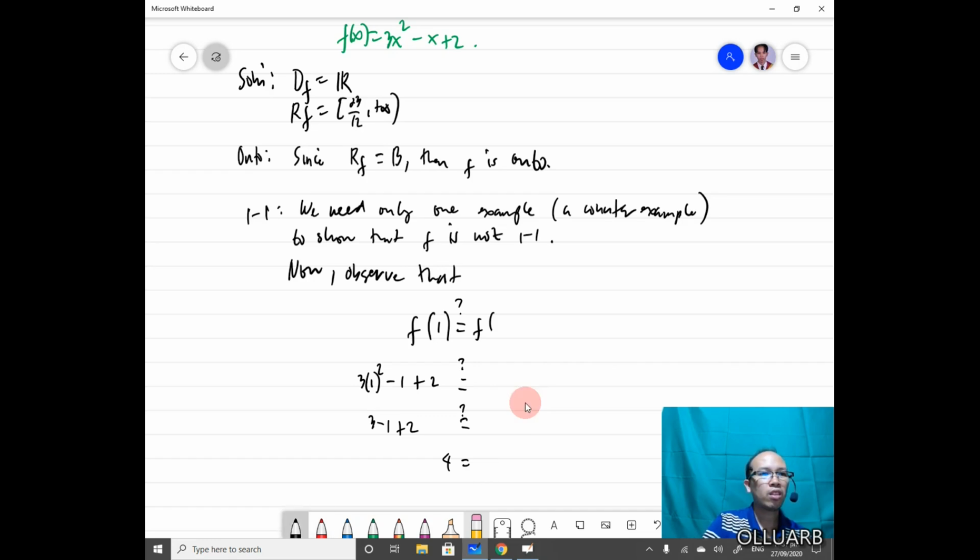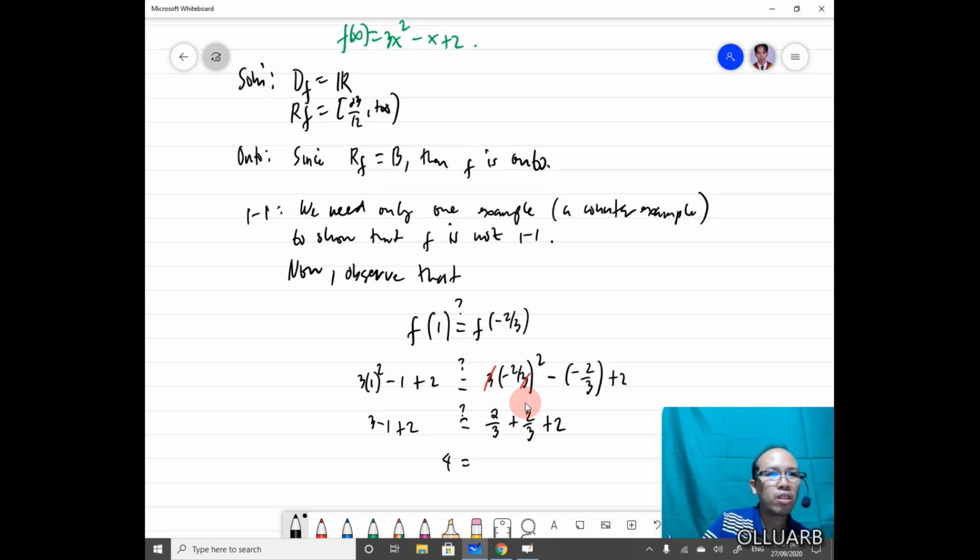On the other side, this must be negative 2/3. So 3 times negative 2/3 squared minus negative 2/3 plus 2. This will become, we have to cancel out, oh sorry, yes, let's use another color. We have to cancel 1. This will become positive 2/3 plus 2/3 plus 2. Am I right?